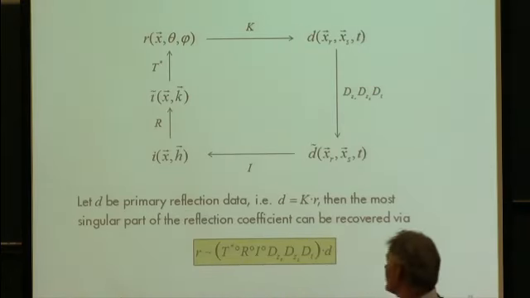Okay, here's the diagram again, and a statement, namely how to reconstruct the angle azimuth dependent reflection coefficient from primary reflection data in a known velocity model.